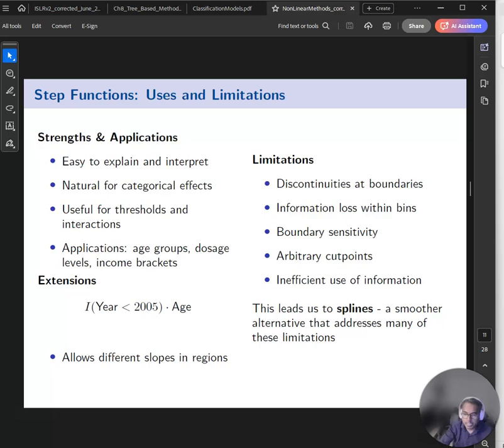The cut points can seem arbitrary without strong theoretical justification, and perhaps most importantly, step functions don't efficiently use all the information in your data. And these limitations naturally lead us to our next topic, splines, which offer a smoother alternative that addresses many of these shortcomings while retaining much of the flexibility that we want.